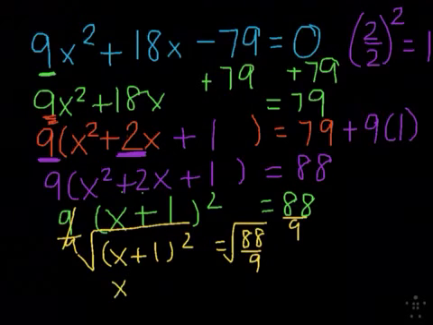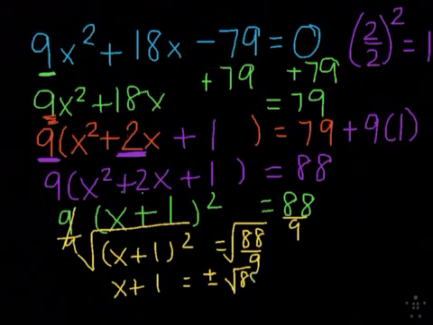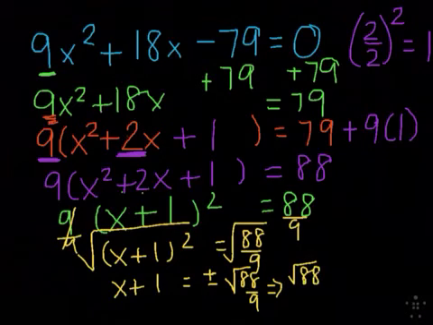So we have x plus 1 equals plus or minus the square root of 88 over 9. And if you want to split the 88 over 9 into the square root of 88 over the square root of 9, that's fine.